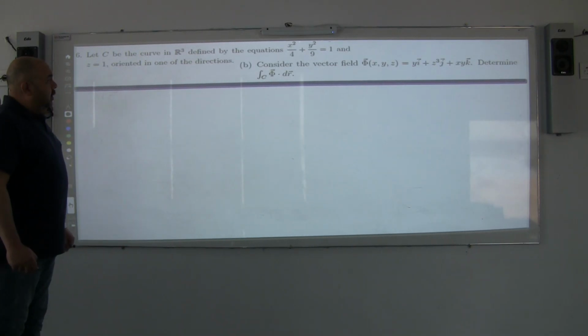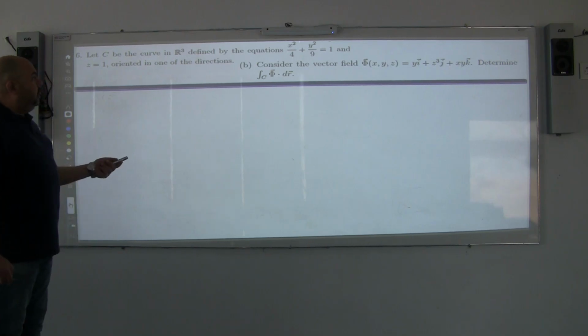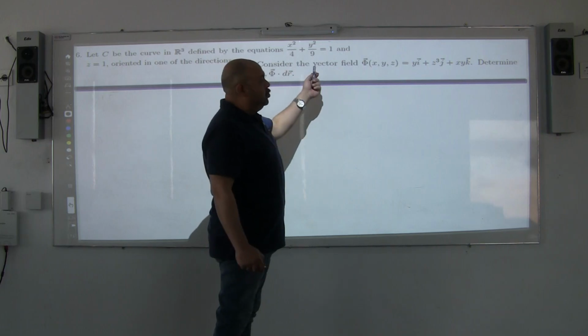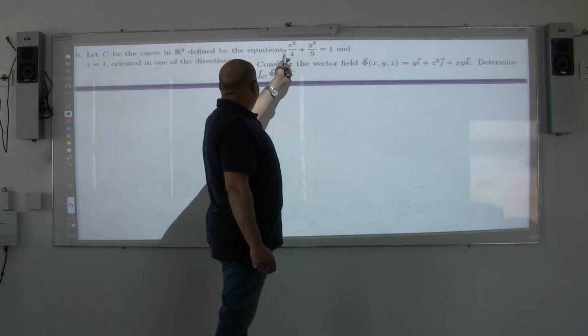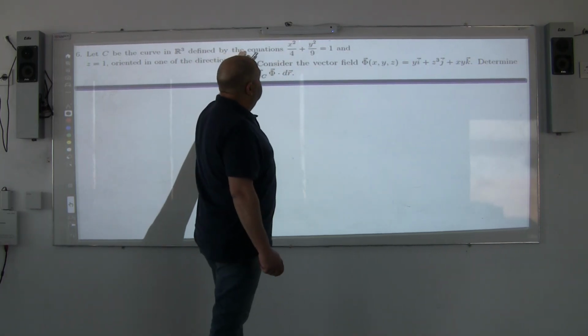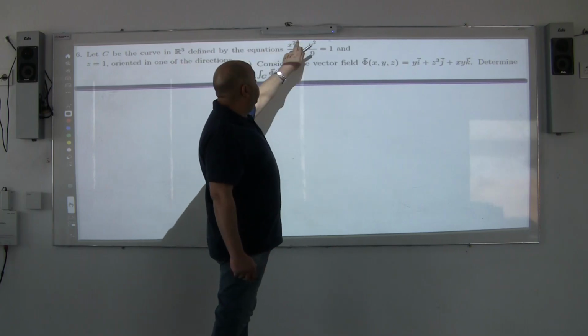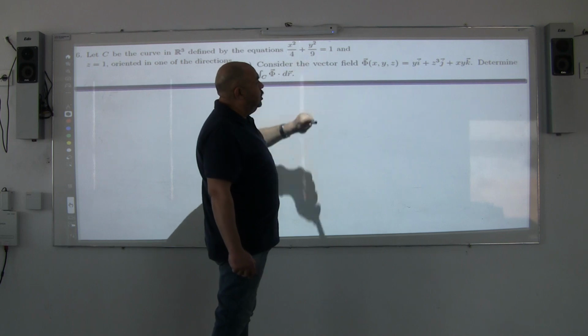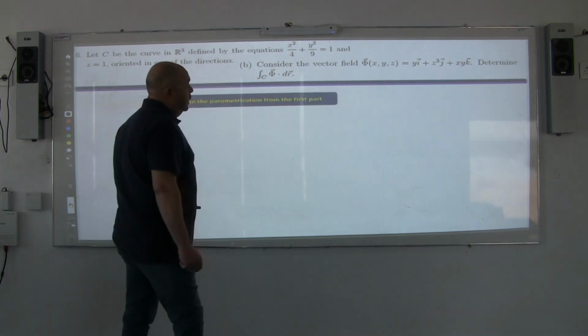For the second part, you want to evaluate the contour integration, given the phi is defined, and you have your r relative to the surface, the equation that's given by x squared over 4 plus y squared over 9 equal to 1, which is actually a cylinder.